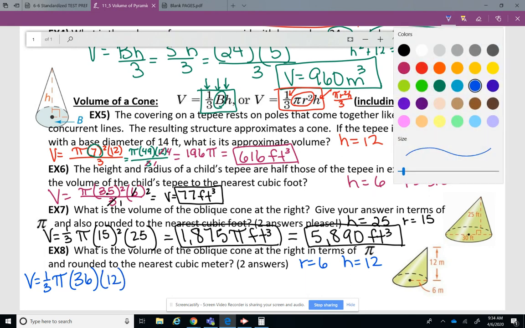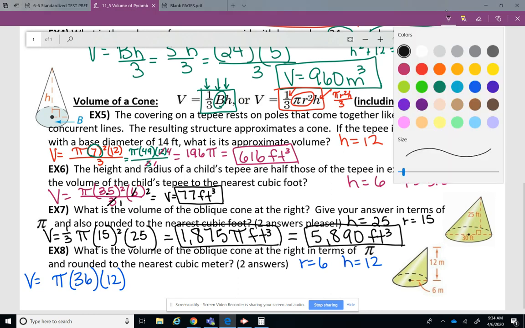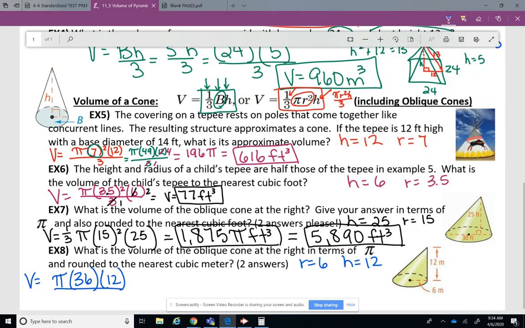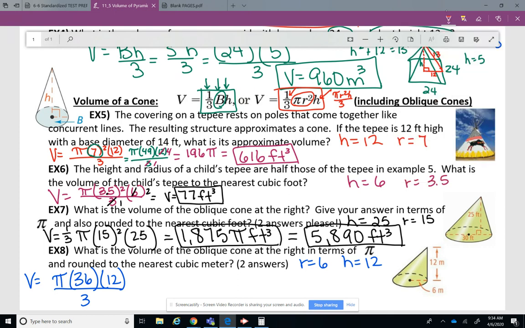Now I'm going to go ahead because I like to cancel, and I'm going to change this and do divide by 3 instead of putting the 1/3 there. So you can see this. Divide by 3. I can either cancel the 3 out with the 36 or the 12 because I've already done 6 squared. So I'm not messing with the exponent. I've already done the exponent. So 3 goes 1 and 3 goes 4. 36 times 4. Go ahead and put that in your calculator.